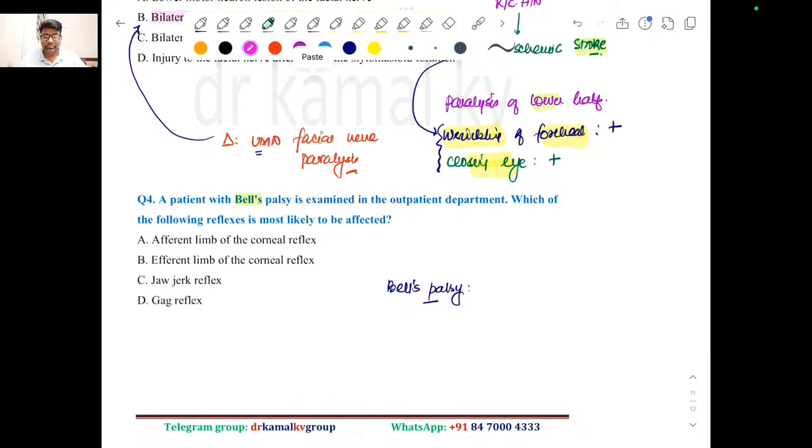Upper motor neuron facial nerve palsy or lower motor neuron facial nerve palsy? Bell's palsy is classical lower motor neuron paralysis.